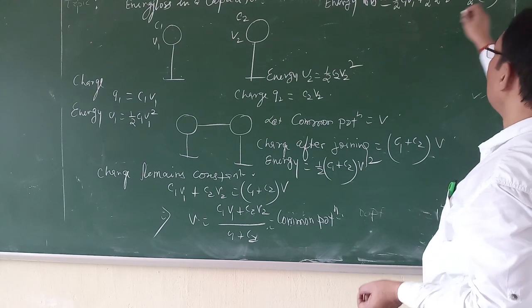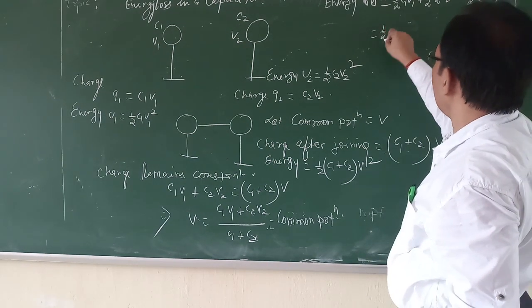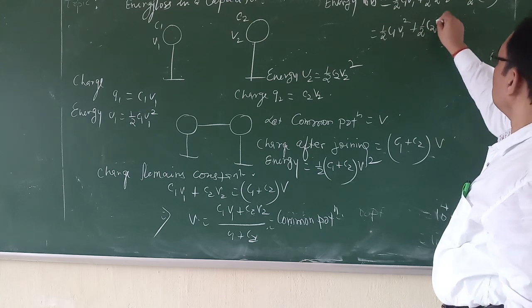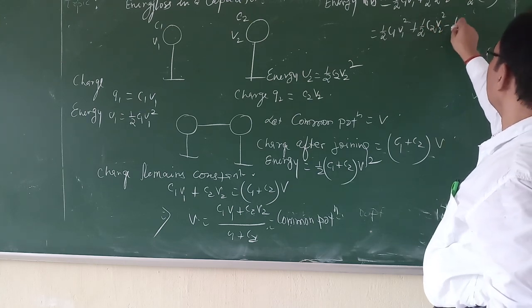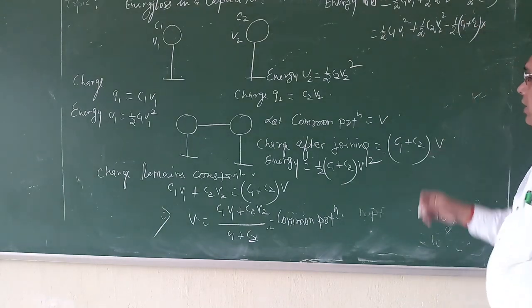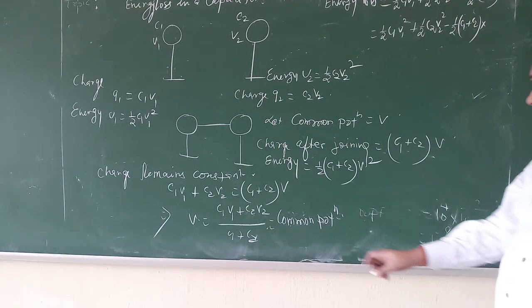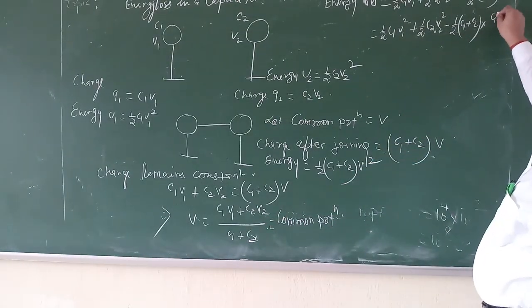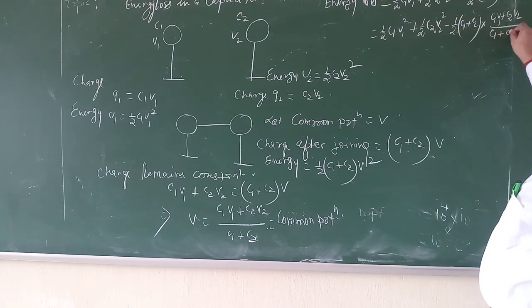Now put the value of V. So that is half C1 V1 square plus half C2 V2 square minus half C1 plus C2 into V square, where V is the common potential, so this is C1 V1 plus C2 V2 by C1 plus C2 whole square.